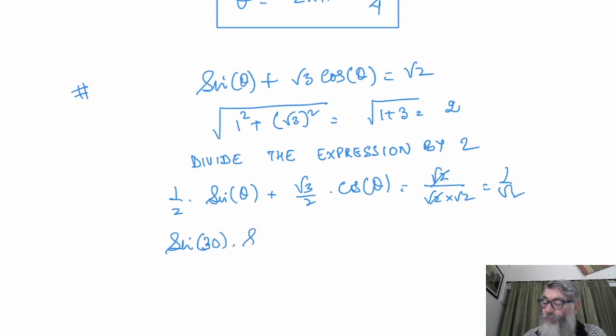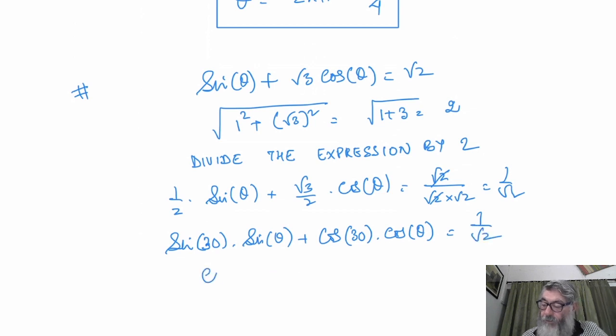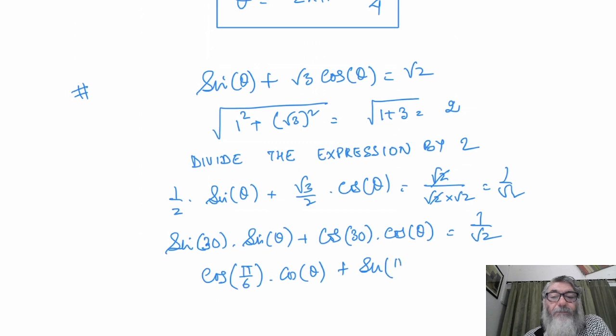I am not doing both the methods, I am picking up one, whichever it is. 1 upon root 2, I could write it as cos pi by 6 cos theta plus sine pi by 6 sine theta is equal to 1 by root 2. It is cos A cos B plus sine A sine B. Cos A cos B plus sine A sine B is cos A minus B.